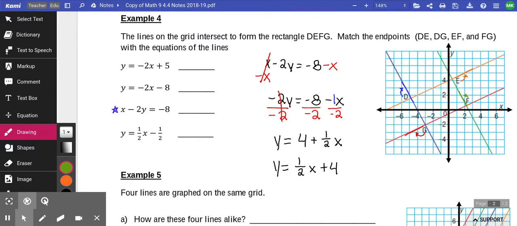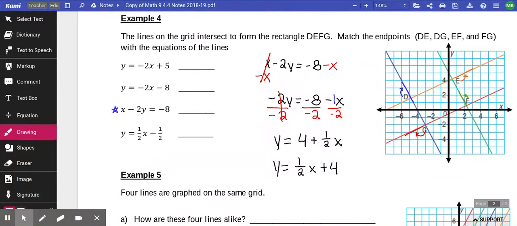Looking at the equations, I can figure out that these 2 both have negative slopes, so they must both be going down. So I can immediately know that these 2 must be these 2. Now, I don't know which one's which, but I can kind of match them now, right? I've narrowed it down. The difference between those 2 downward graphs that I just did in red is their y-intercepts.